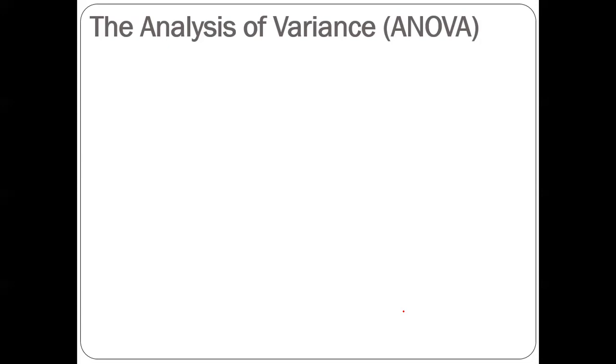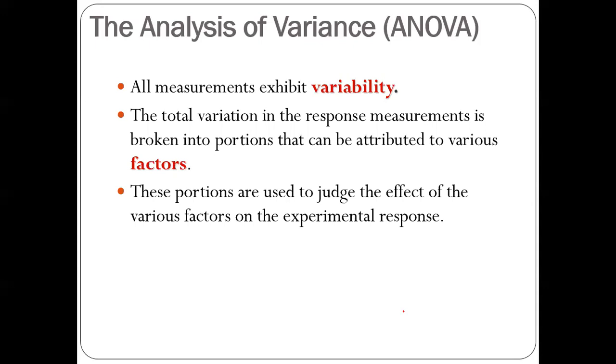Okay, now we are going to discuss one of the experimental designs, that is the analysis of variance, known as ANOVA. So what is the analysis of variance, or ANOVA? First of all, what is variance? Variance in statistics is a measurement of the spread between numbers in a data set.